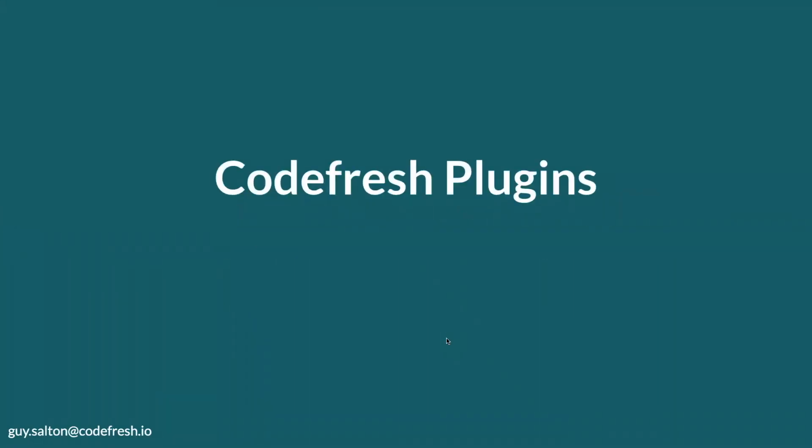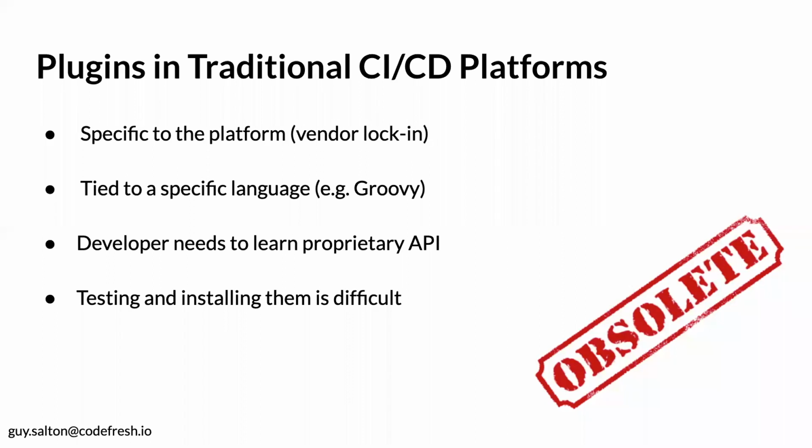Now let's talk a little bit about Codefresh plugins. If we think about plugins for other traditional CI/CD platforms, let's take Jenkins, for example, it's not that easy to create and use new plugins. Why? First of all, they have to be specific to the platform, so there is some kind of vendor lock-in.